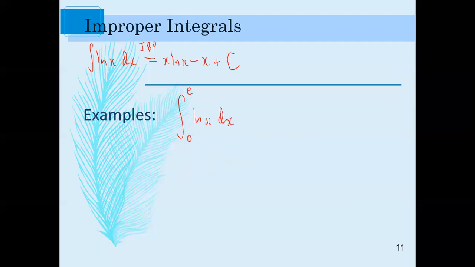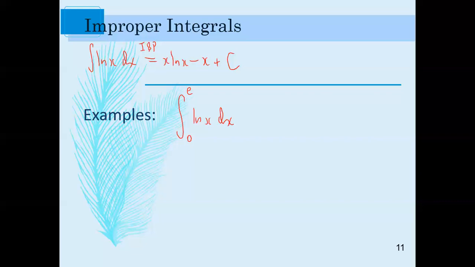Now, let me ask you a question. What's the problem with this function on the interval from 0 to e? Yes, sir. Andrew. Yeah, that's right. So what are we going to do? It's undefined at 0.